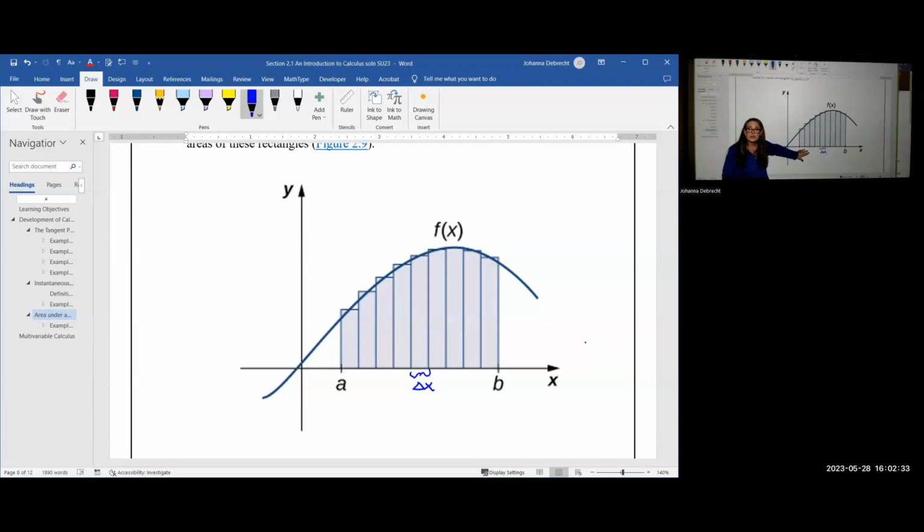Now, this was known for a long time, actually millennia. But the problem was, how can you get the exact area? I mean, you can take more and more rectangles that are skinnier and skinnier and get closer and closer, but you can't get to the true, actual, exact answer without a limit.